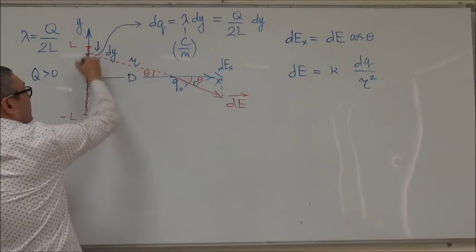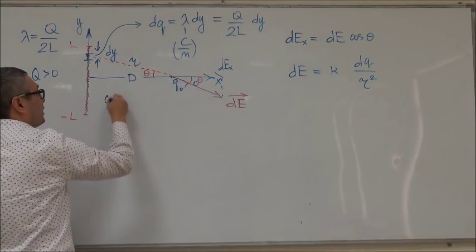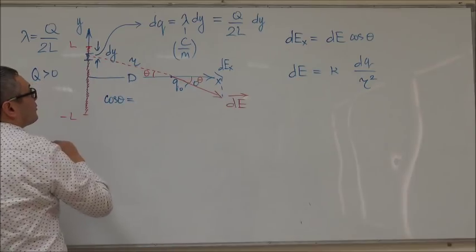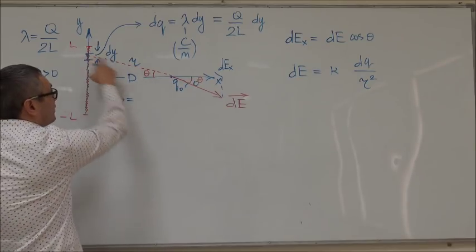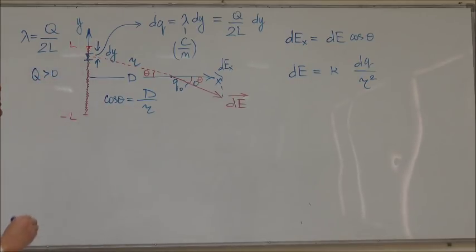If you look at this triangle now, this angle is also theta, and so cosine theta here is equal to d over r. So we can now substitute everything inside.